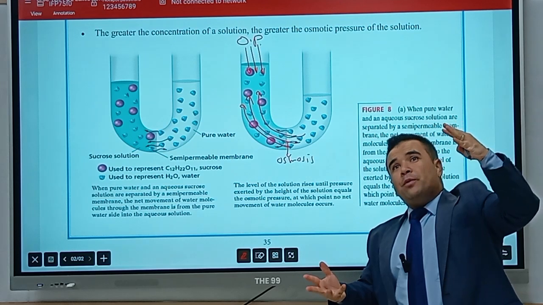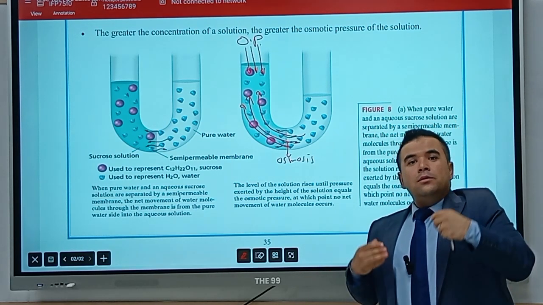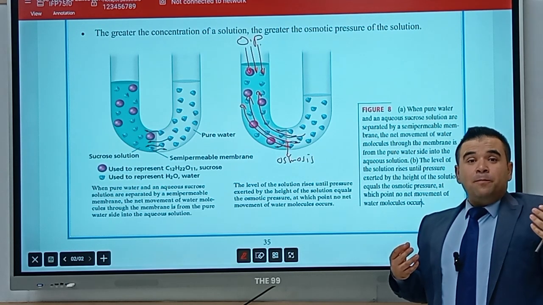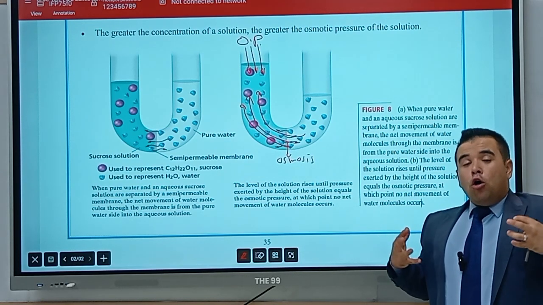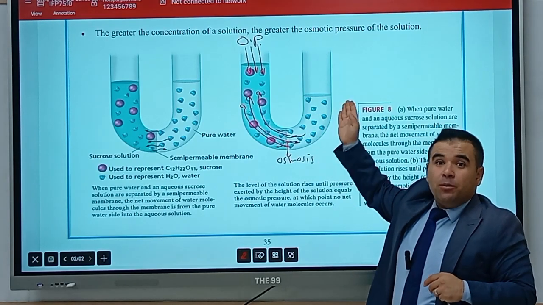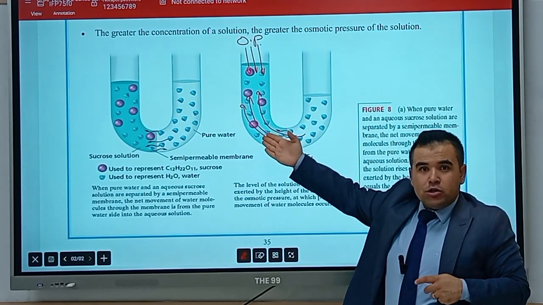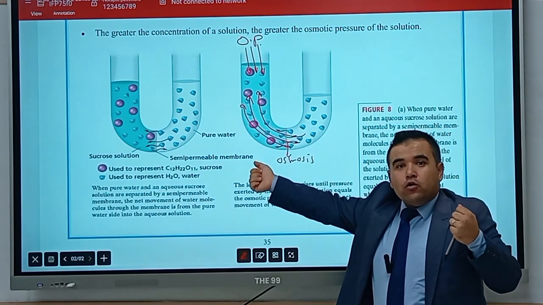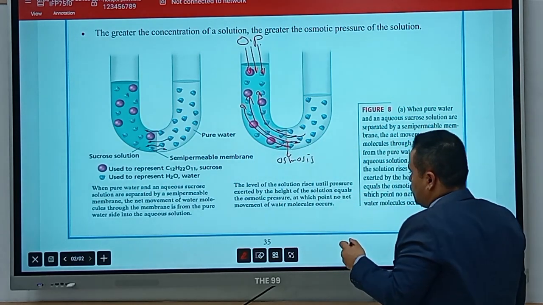And as the osmotic pressure is applied, there will not be movement, or we can say that the movement of water from the low concentration side or the pure solvent toward the high concentration side will be equal to that from the high concentration side toward the low concentration side.